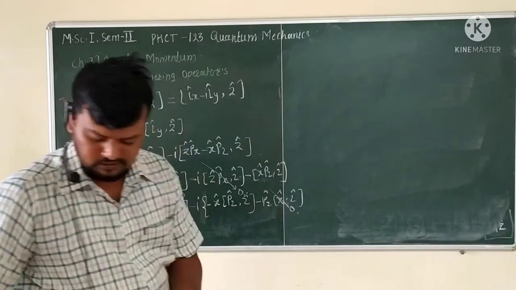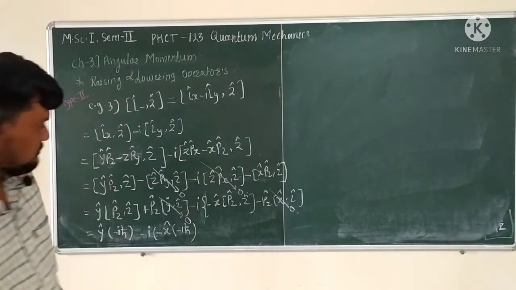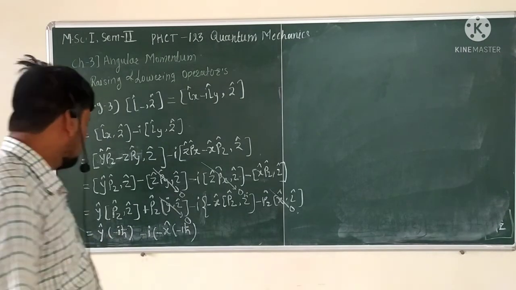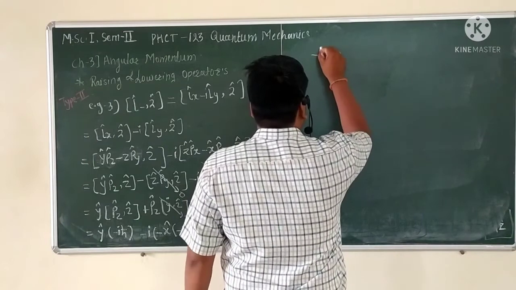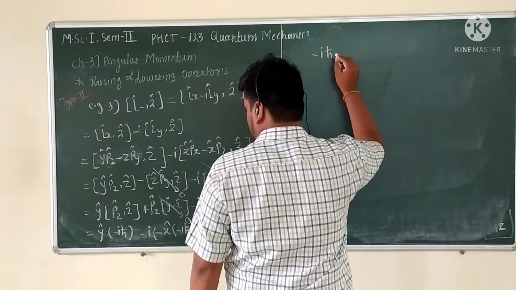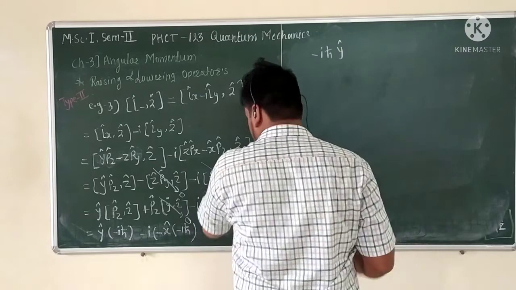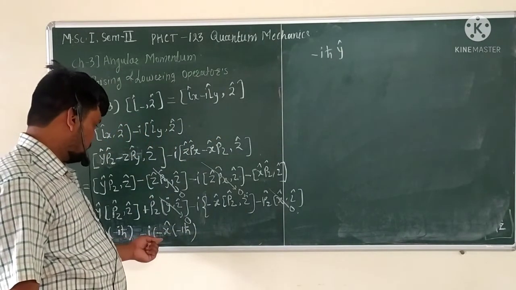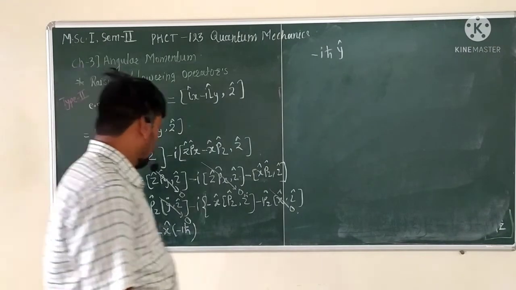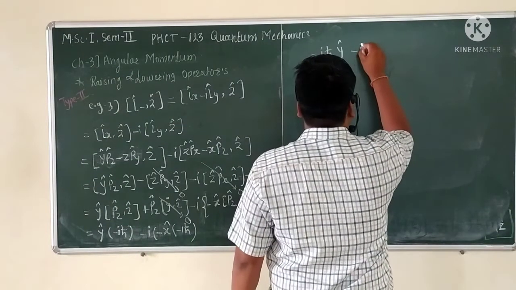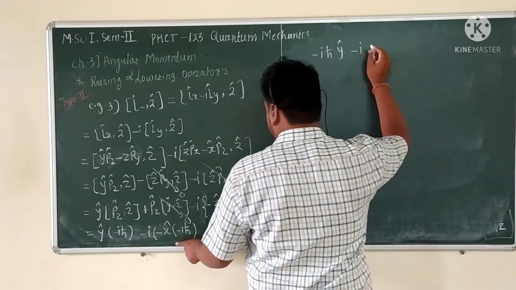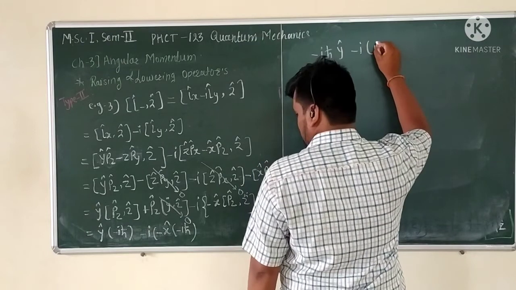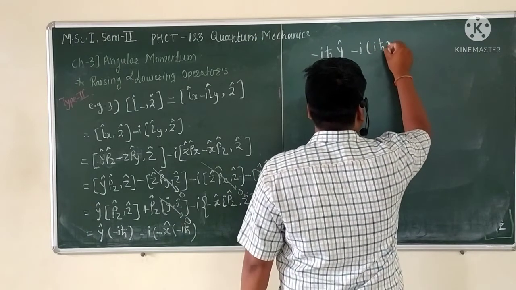So we have to see that here y cap into minus i h cross, that is nothing but minus i h cross of y cap, and again see here, this minus into minus is a plus, so minus i, okay, minus i into plus i h cross of x cap.